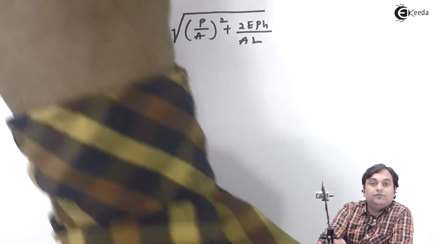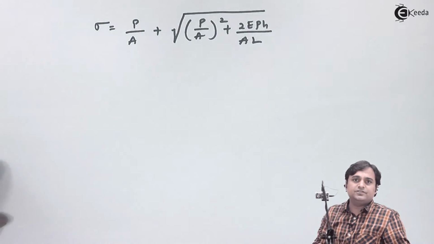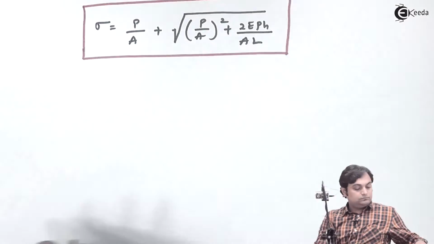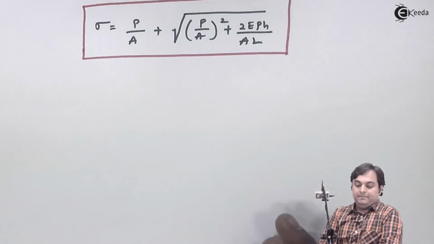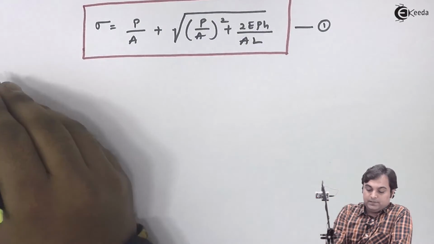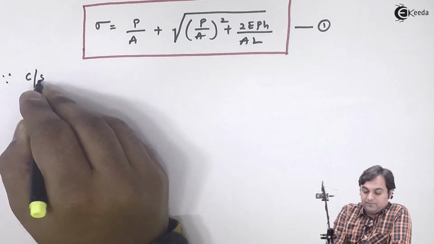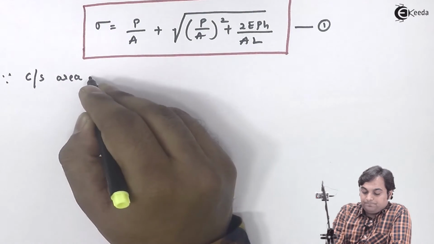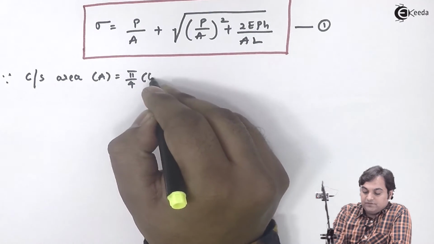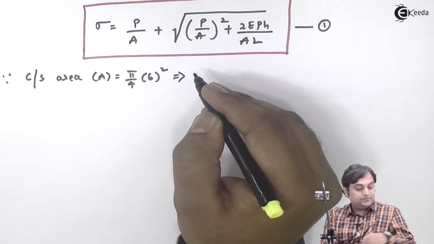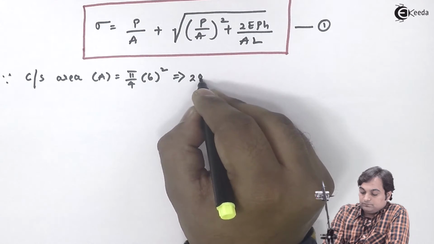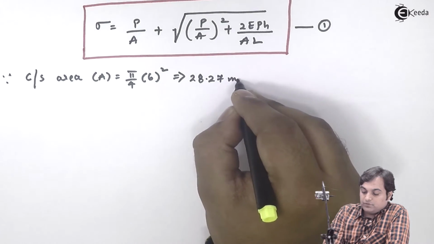So this is the formula for calculating instantaneous stress by impact loading. I will keep this as equation number 1. Since cross section area A is equal to pi by 4 into d square, which is 6 square, that gives me the area as 28.27 mm square.